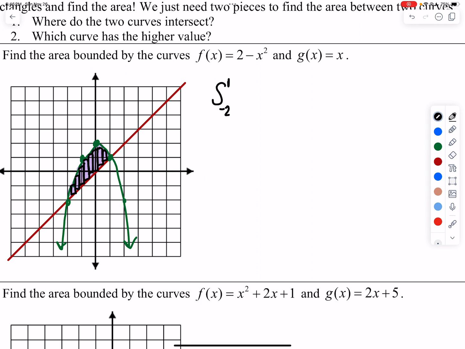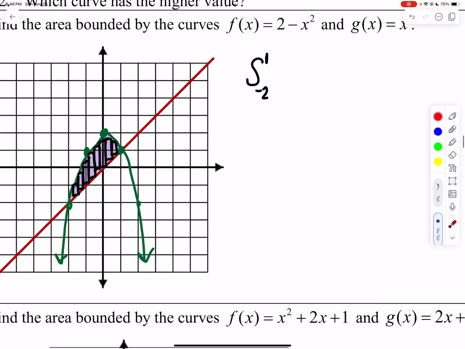Now, whenever we are thinking about my height of each rectangle, my height is going to go from bottom to top, or top to bottom. So it's going to be the difference between my top function and my bottom function.